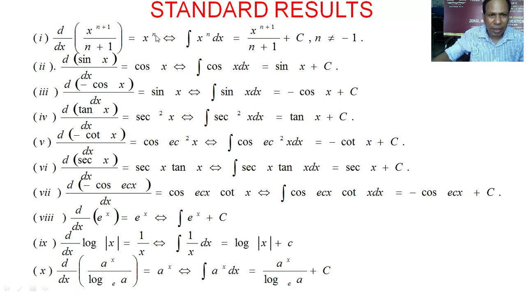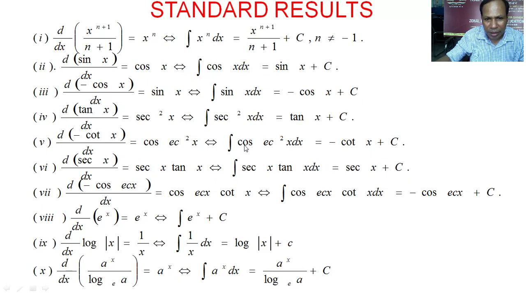Some of the standard integral results you are well aware of are these. Integration of x to the power n dx is x to the power n plus 1 by n plus 1. Integration of cos x is sin x plus some arbitrary constant. Integration of sin x is minus cos x plus constant. Integration of sec square x dx is tan x.